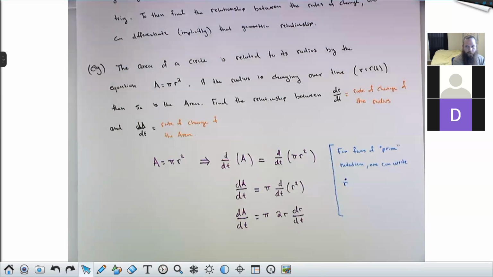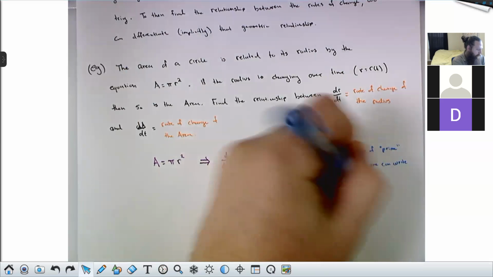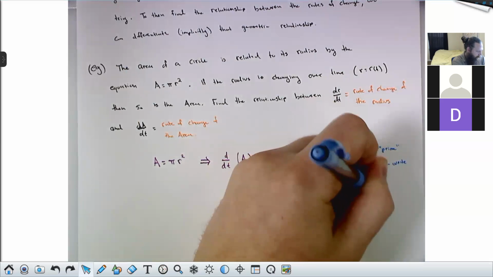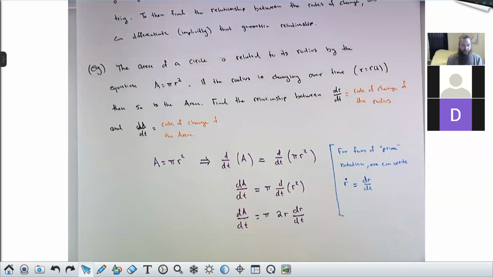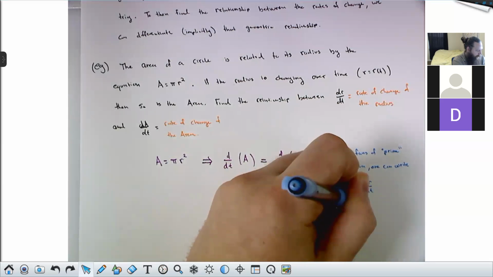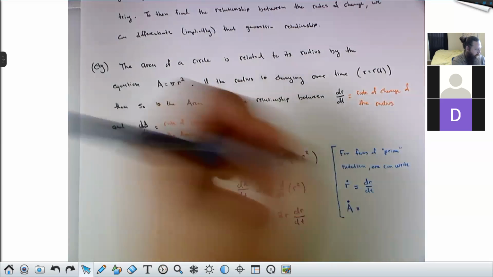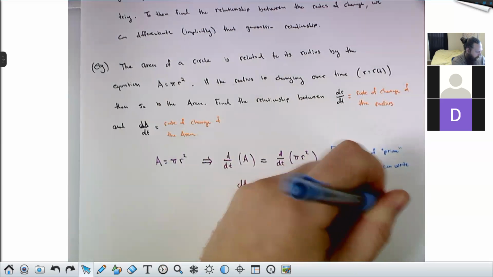This is a very common notation in physics and engineering for dr/dt. In the same way that the prime always means derivative with respect to x or whatever the independent variable is, the dot always means derivative with respect to time. So I could have written here instead, A dot equals pi times 2r times r dot.